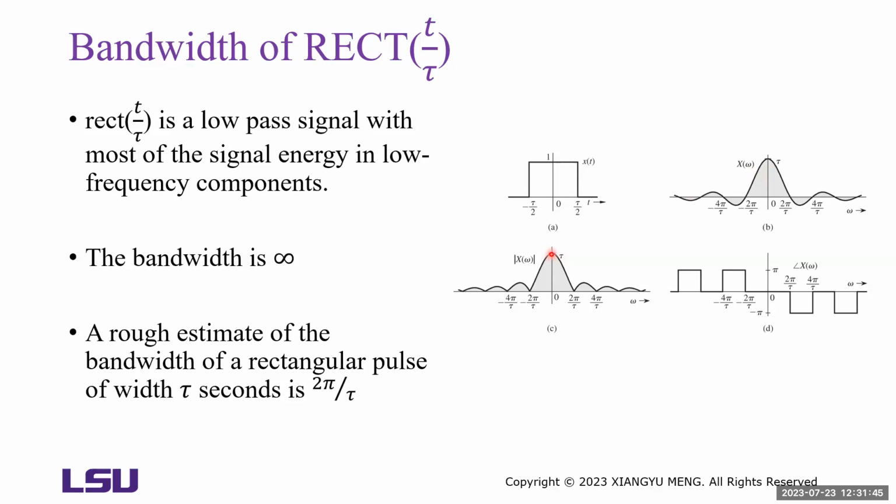If we look at the amplitude spectrum, it peaks at omega 0 and decays at high frequencies. Therefore, we can consider the gate pulse function to be a low pass signal, with most of the signal energy in the low frequency components.